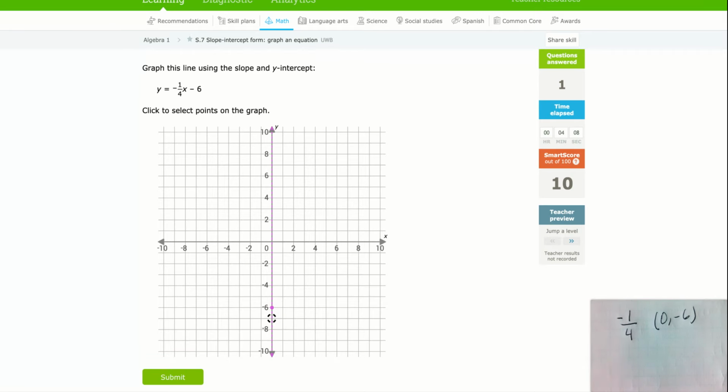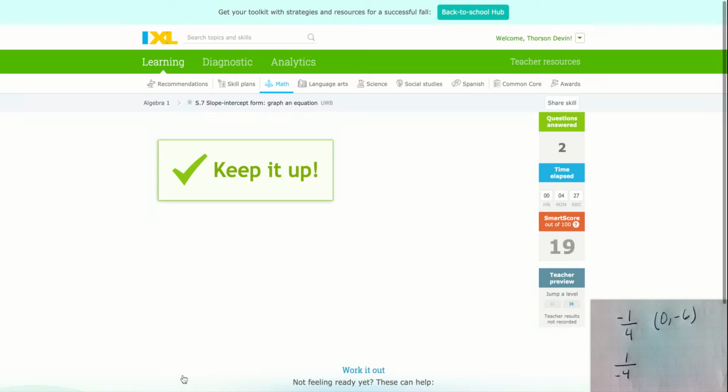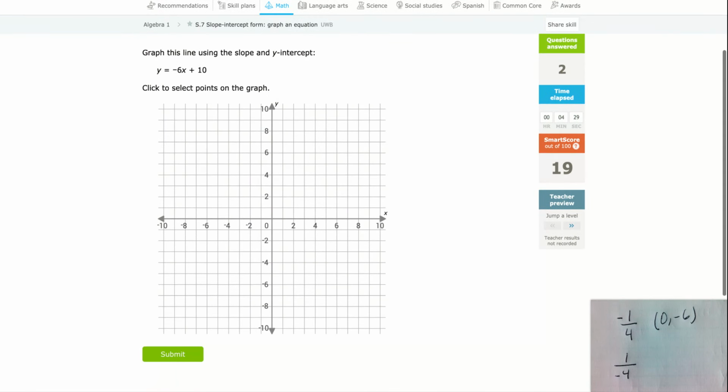The run is positive. That means I'm going to go over, to the right, 4. I could have went up 1, right? I want to make sure you realize that with a fraction, I could make the top positive and the bottom negative, which means I would have went up 1 and left 4, which would have got that point right there. But we get the exact same line.